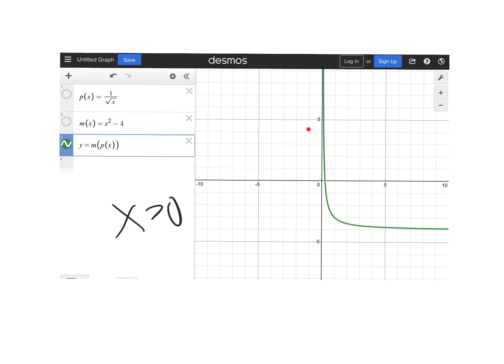It doesn't get graphed. x equals 0 is the vertical asymptote, but it can't cross that line because I can't take the square root of a negative number. x has to be bigger than 0, so that's what we're seeing in this graph. Okay, so consider the original domain limitations, and then those will follow through in the composite functions. That's the easiest way that I've found to deal with it. Okay, hopefully this helps.